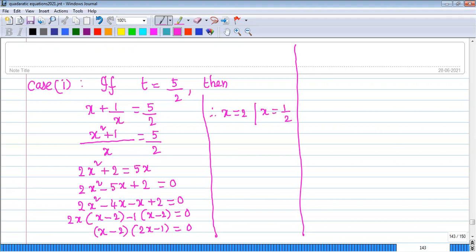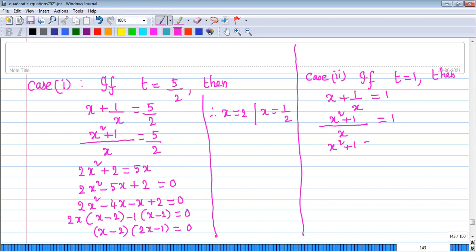So now case 2: if t is equal to 1, then x + 1/x is equal to 1. Here LCM: x² + 1 equals x.